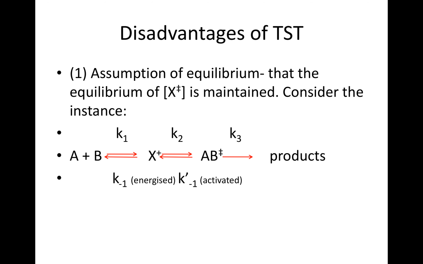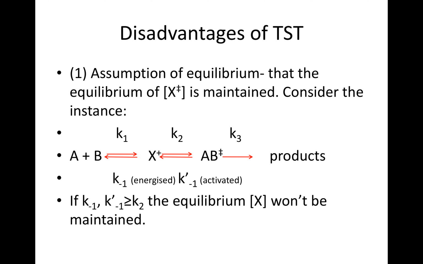X* can be called the energized molecule, and AB‡ can be called the activated complex. If k_-1, k'_-1 are greater than k_2, the equilibrium of X won't be maintained.